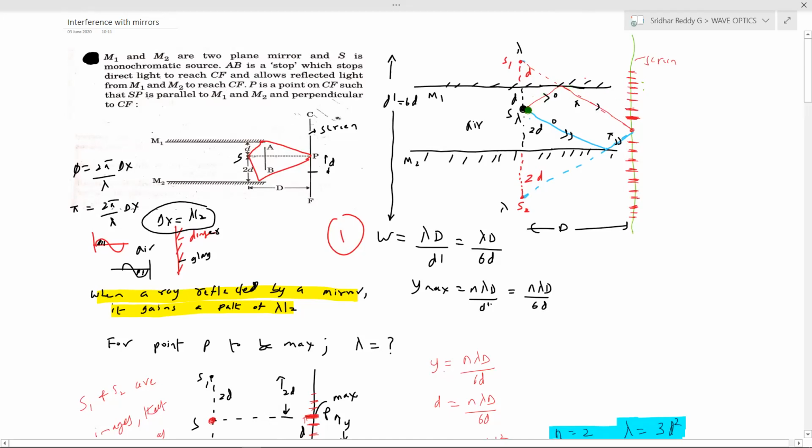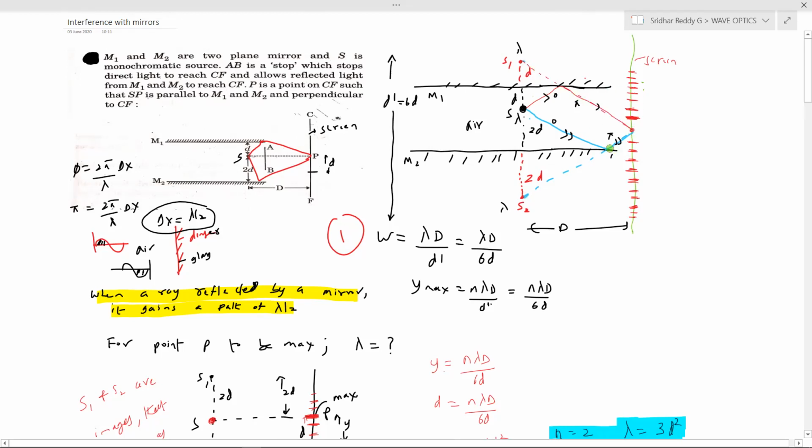Similarly, a ray emitted by the source will come and strike the mirror. What is the phase of this? Zero. After reflection, it acquires a phase of pi, and it will reach the screen. Agree with this one. So this particular ray will appear as if it is emitted by the source S1.